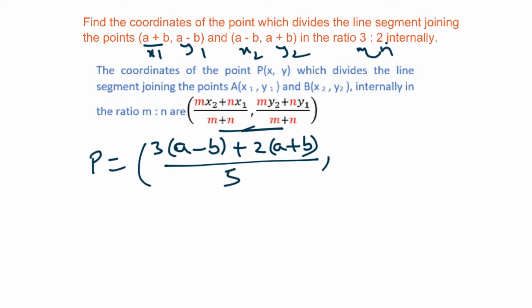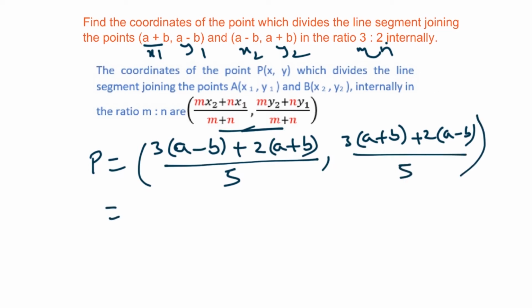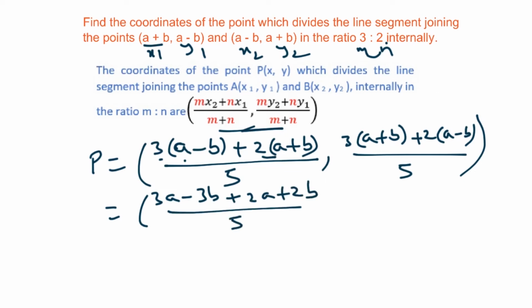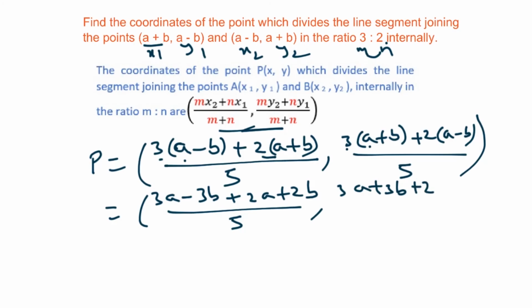Again, my2 is 3 times (a plus b) plus 2 times (a minus b), ny1, divided by m plus n is 5. Now expand this. 3 times a, 3a minus 3b plus 2a plus 2b divided by 5, comma, 3a plus 3b plus 2a minus 2b divided by 5.